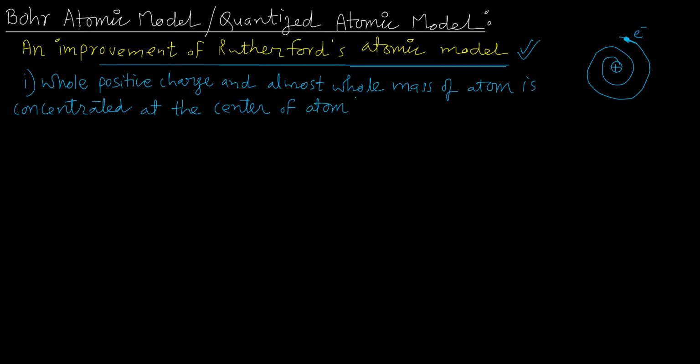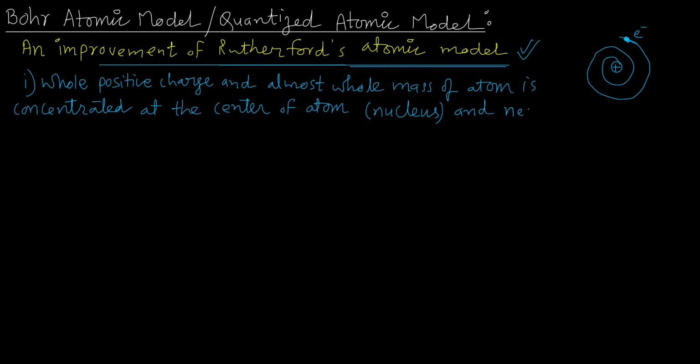And what did Rutherford call this center? He called it nucleus. So whole positive charge and almost whole mass of atom is concentrated at the nucleus of the atom. And what about negative charge electrons?